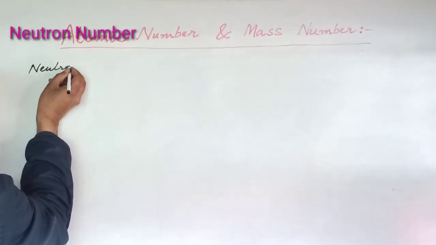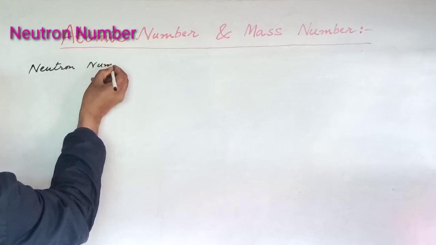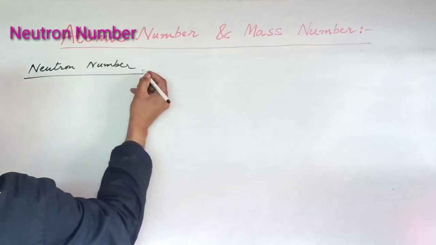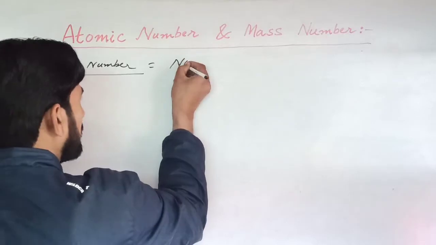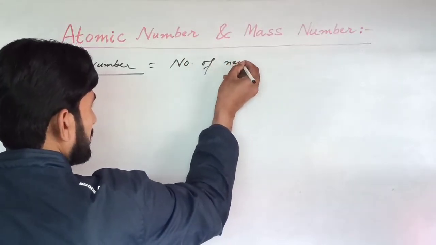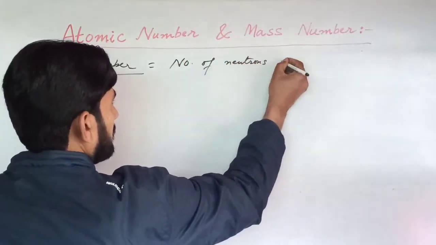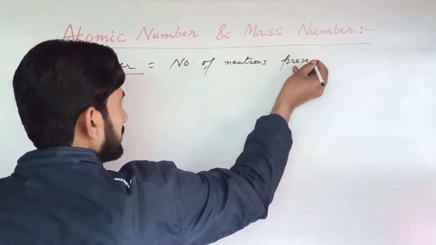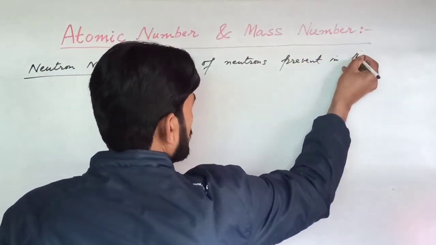Neutron number. Neutron number means the number of neutrons present in the nucleus of an atom.